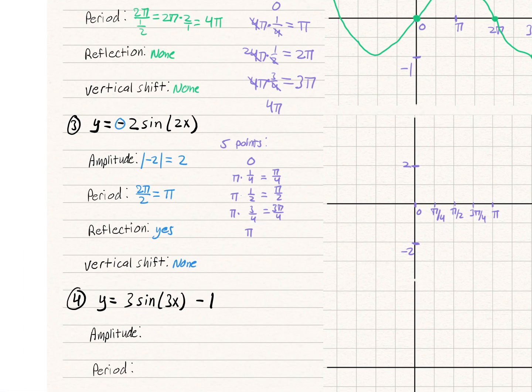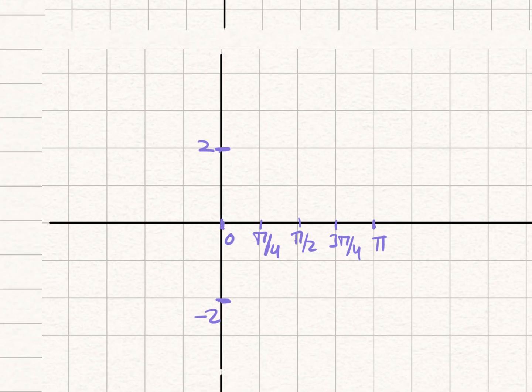Sine, once again, starts in the middle. Starting from the middle, going to the highest, then back down to the middle, back down to the lowest, and then back up to the middle. So this is in general what a sine curve would look like with our accurate period and amplitude.